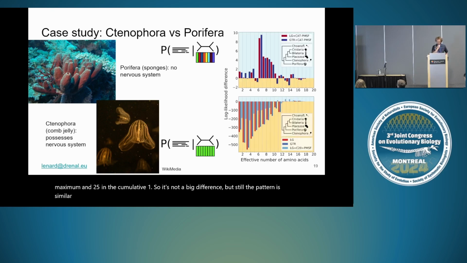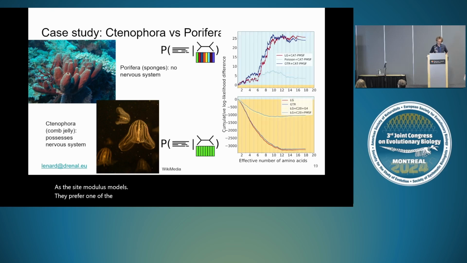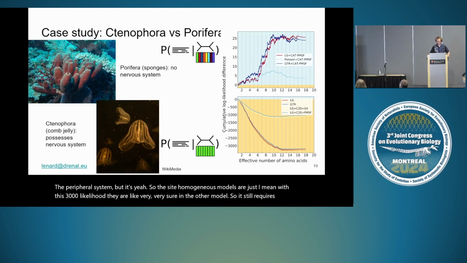Whereas the site homogeneous models prefer one of the topologies, all other models prefer the Porifera sister one. But the site homogeneous models, with this 3000 log likelihood difference, are very, very sure in the other model. So it still requires further investigations to arrive at a clear conclusion.